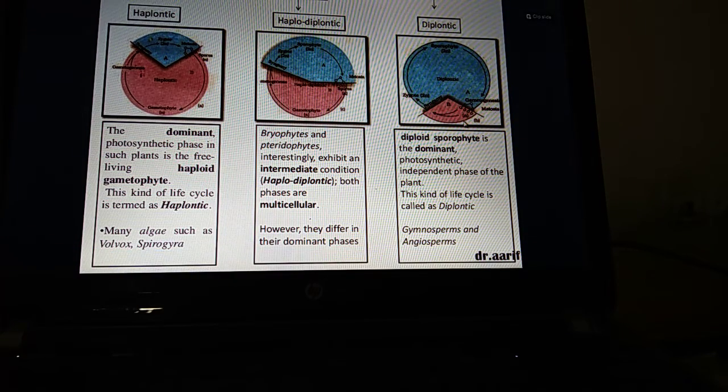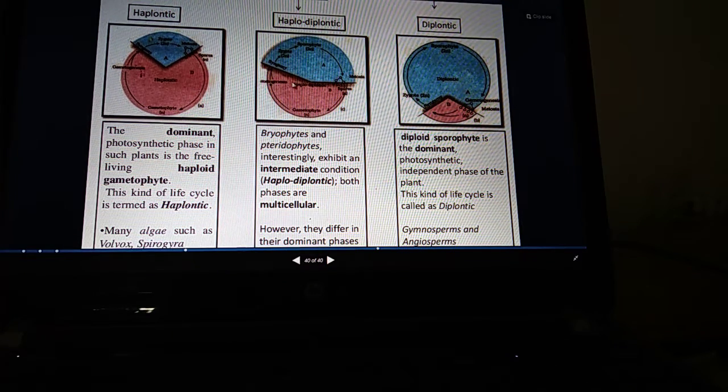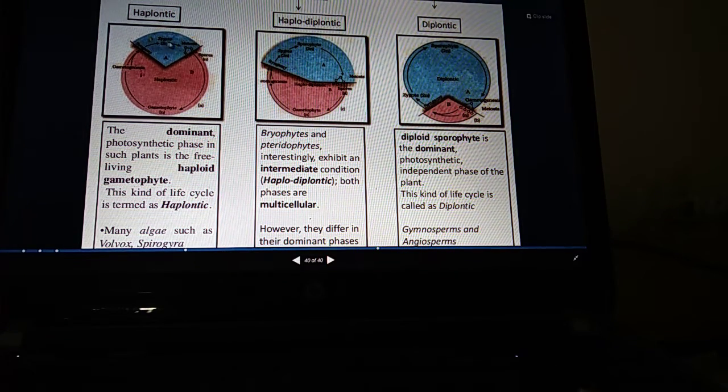In all the gymnosperms and angiosperms that we see, only the male and female gametes are haploid, everything else is diploid. So the diploid phase is dominant, it is sporophyte, it is photosynthetic, it is the independent phase of the plant. So such a life cycle is diplontic. Again in the haplontic also we see the haploid phase alternate with the short diploid phase, then haploid again. So that is why there is alternation of generation.